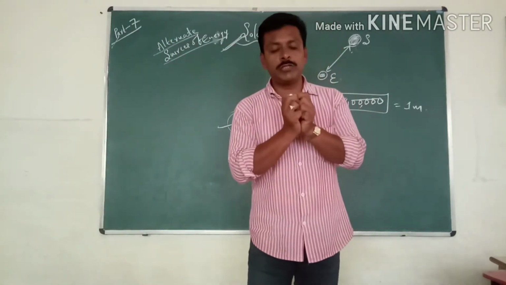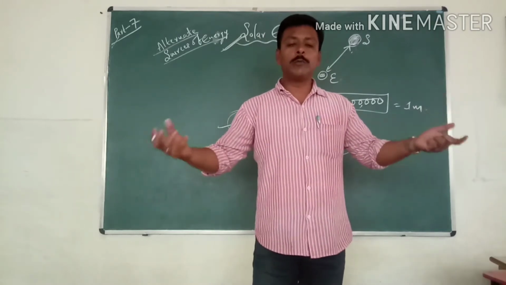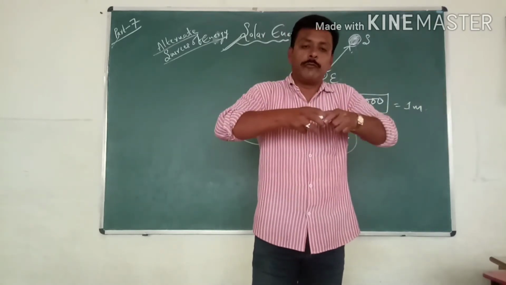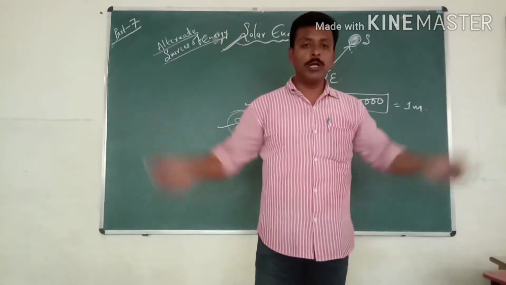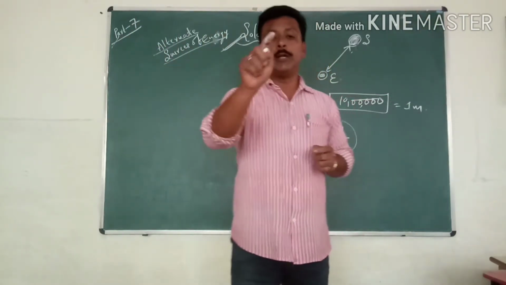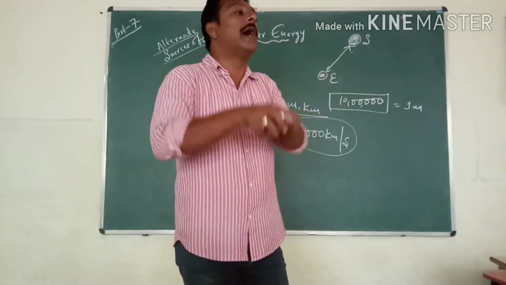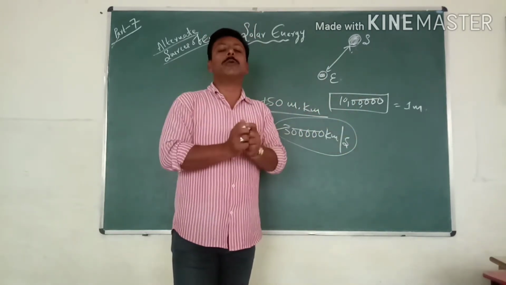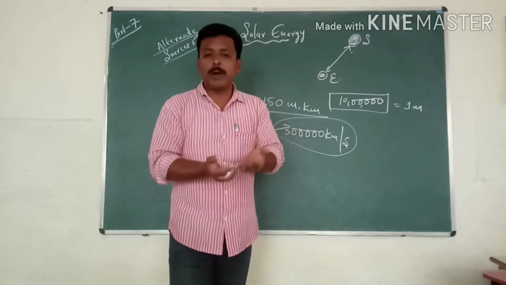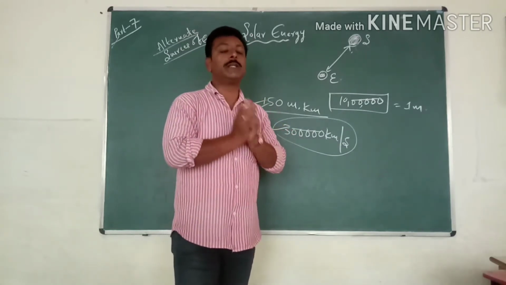What do you mean by fusion? Combining 2 or more lighter atoms to form a heavy atom or heavy molecule. If it is going to form, then only it is called a fusion of atoms.